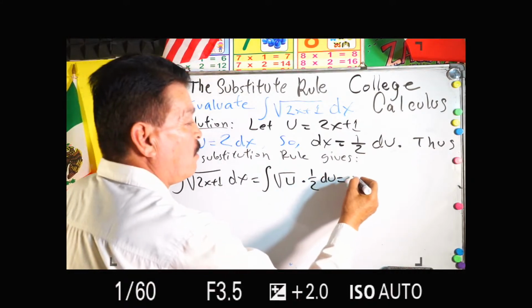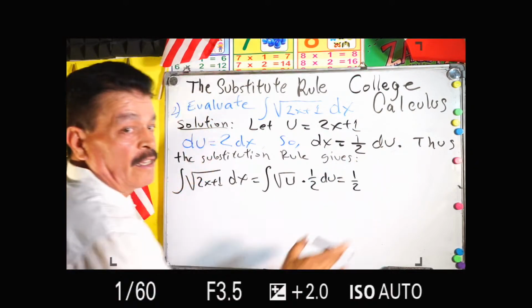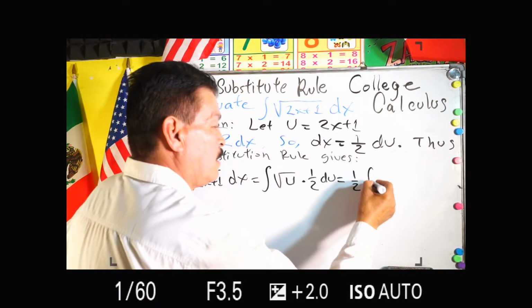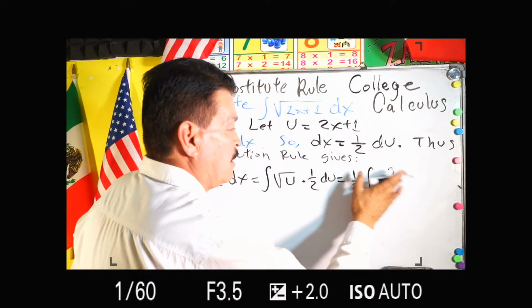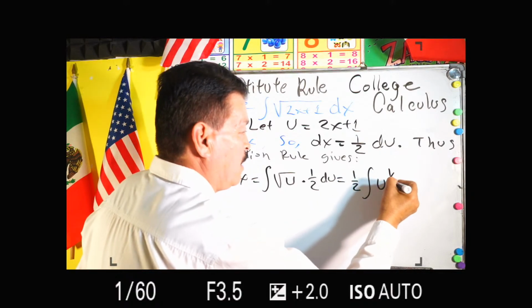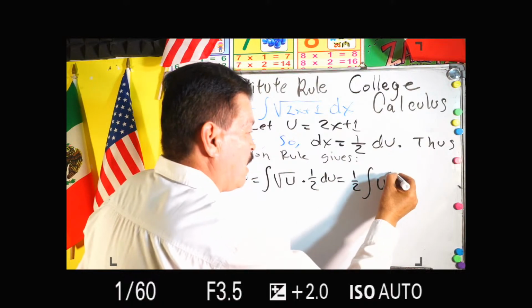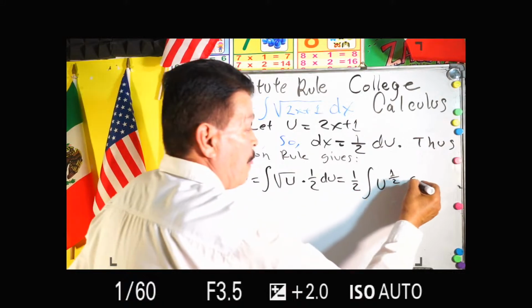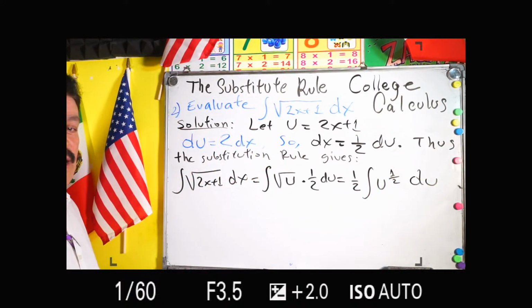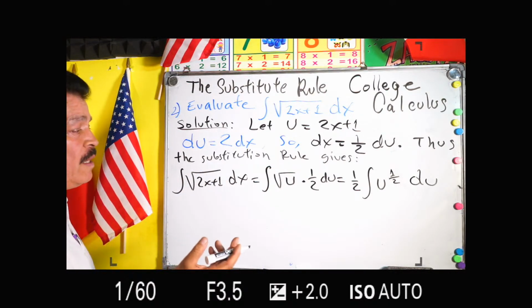So it equals 1/2 the integral of u to the 1/2 power du. Now simplify from here. This could be one solution.